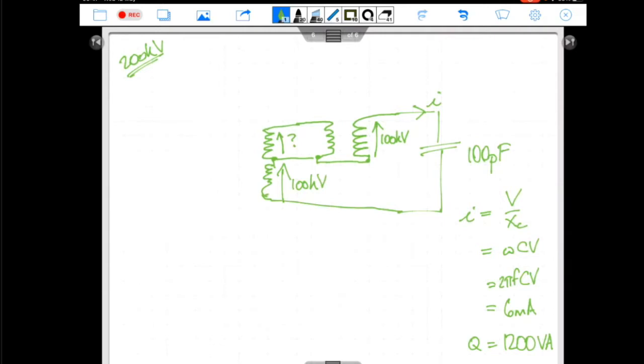So if you've got a 2-stage, we're going to have the voltage split between the 2 stages. So each stage would take 100 kV.